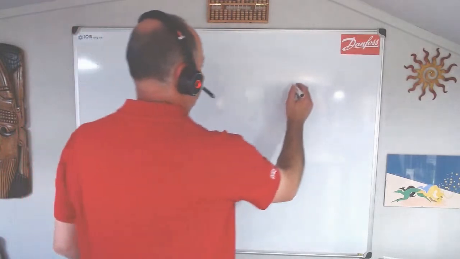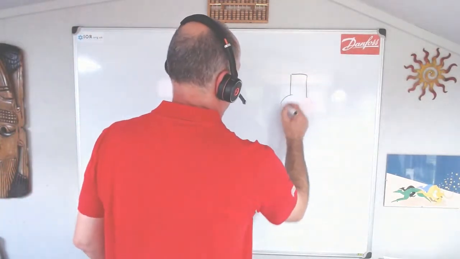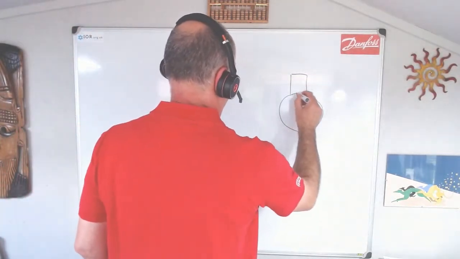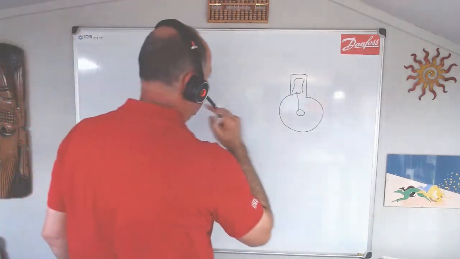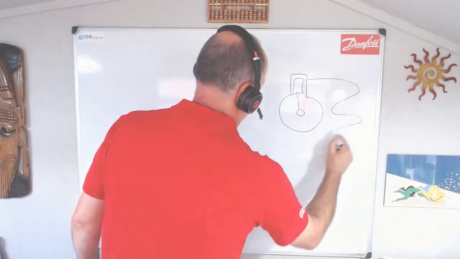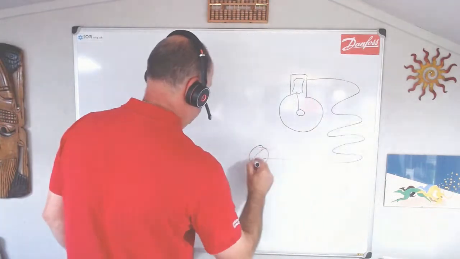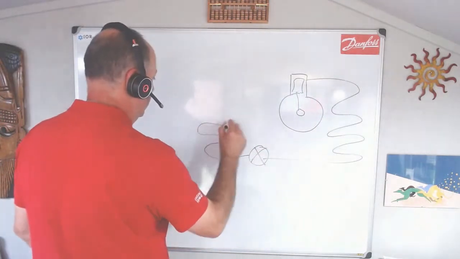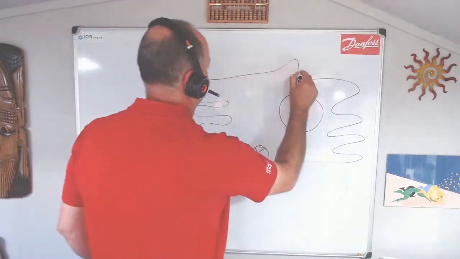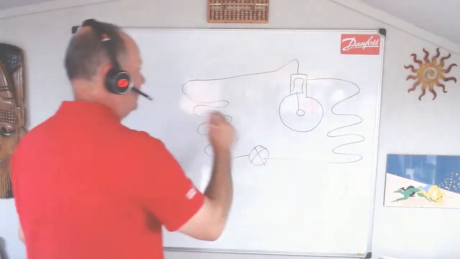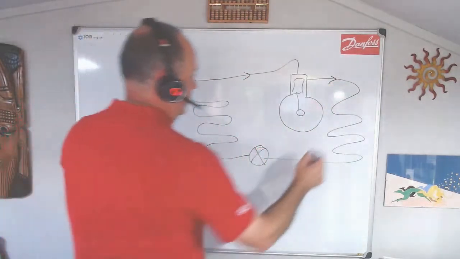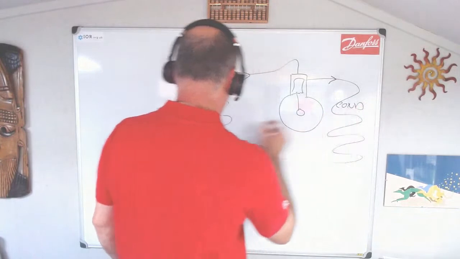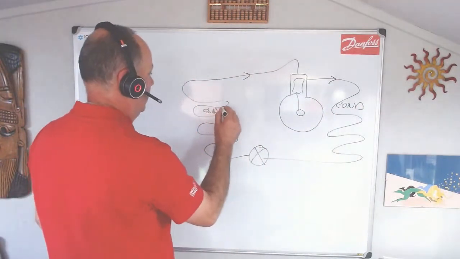So if we take it in simple terms, there's our compressor with its piston, and we've got our evaporator. So we come out there, we go through the condenser, we go through our, let's say, expansion device. We've got our evaporator, to make it simple. So that's suction, that's discharge, condenser, evap.